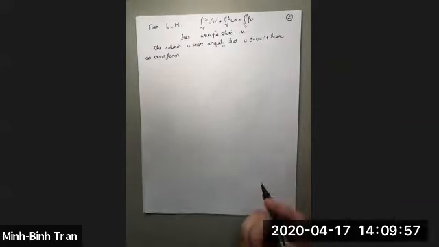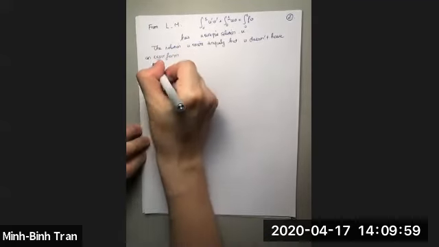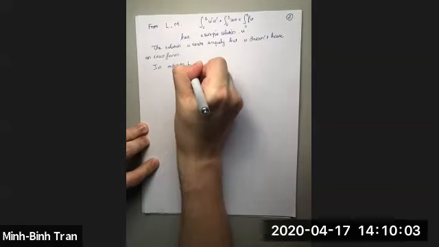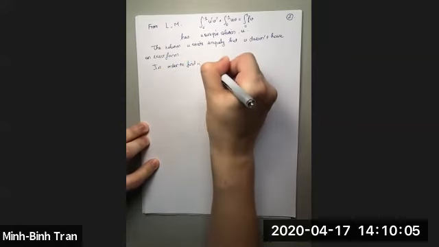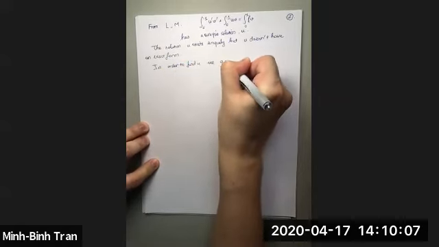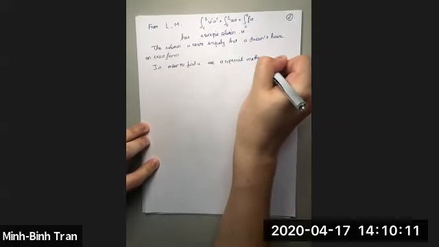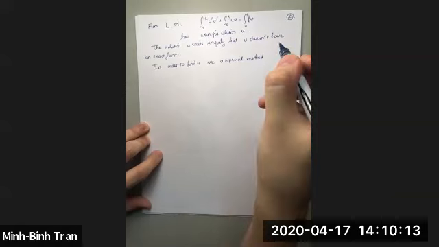All right. So in order to find u, we need a special method, which is the so-called finite element method.